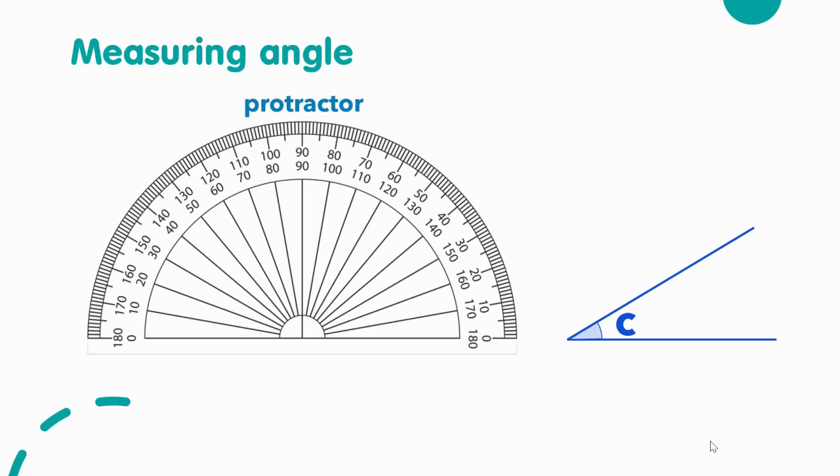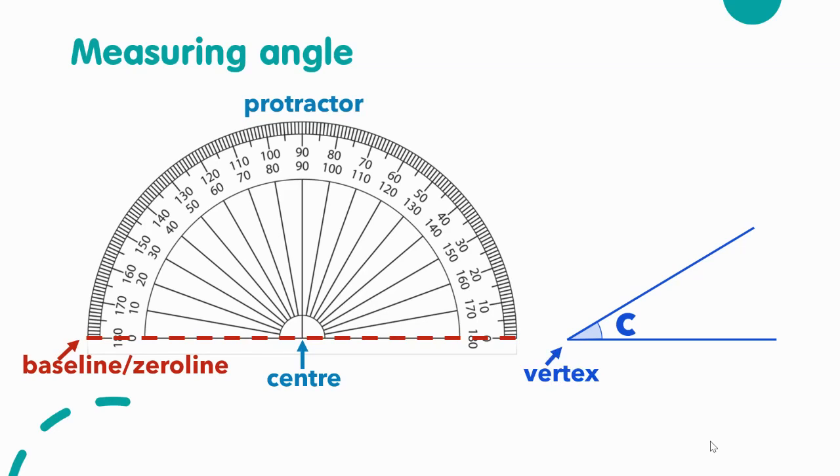In order to use the protractor, there are some terminologies that you need to be familiar with. First of all, this is the center of the protractor, and this is the baseline or the zero line of the protractor. We have also learned that the point where the two sides of the angle meet is called a vertex.